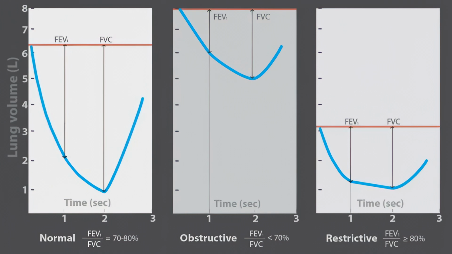So the pink line represents the total lung capacity, and you can see that in restrictive lung disease, it's much lower than normal. But when you look at the FEV1 to FVC ratio, that's 80% or higher. These patients do most of their forced expiration in the first second, which is very different from obstructive lung disease like COPD or asthma. Those patients have a reduced FEV1 to FVC ratio, which you see in the middle.